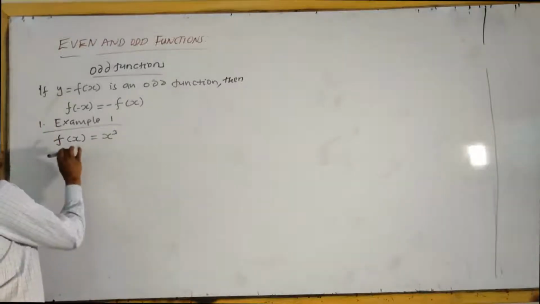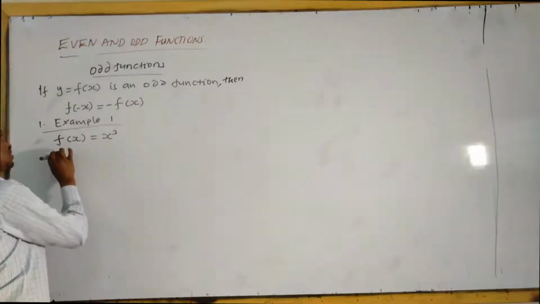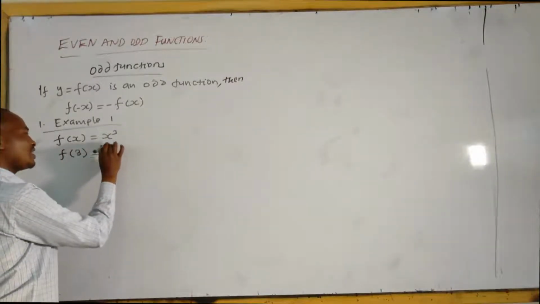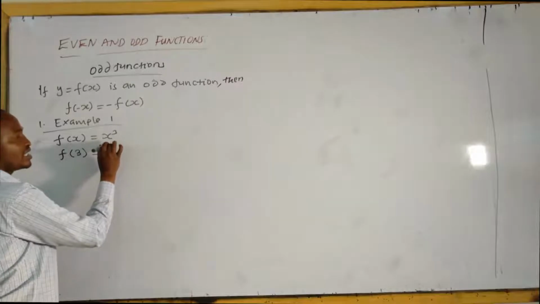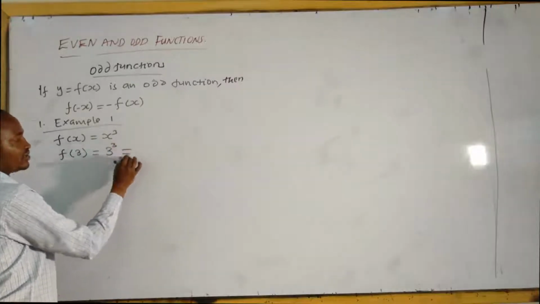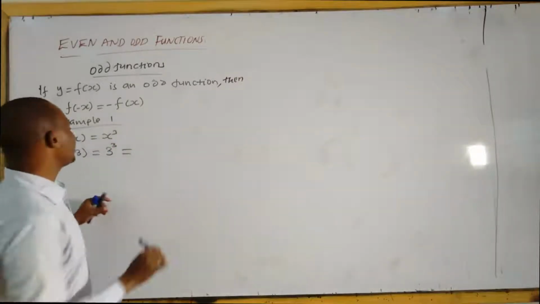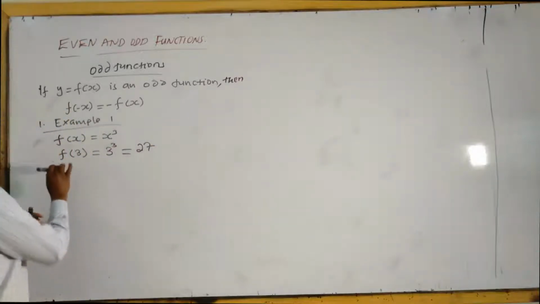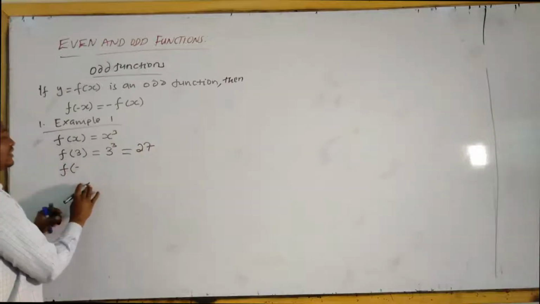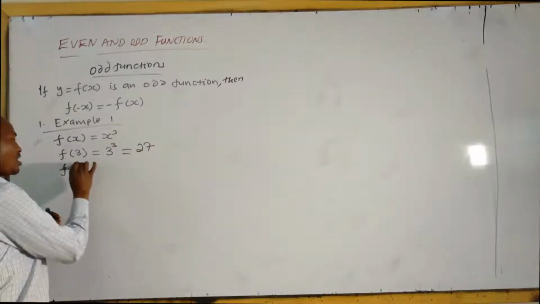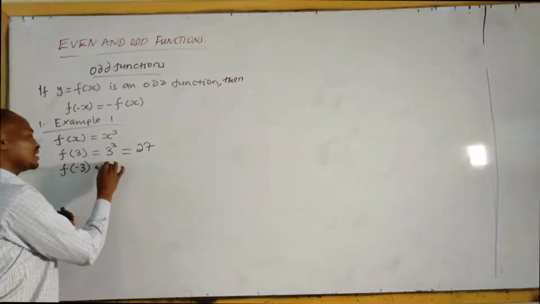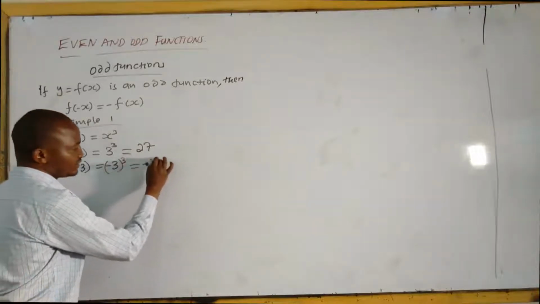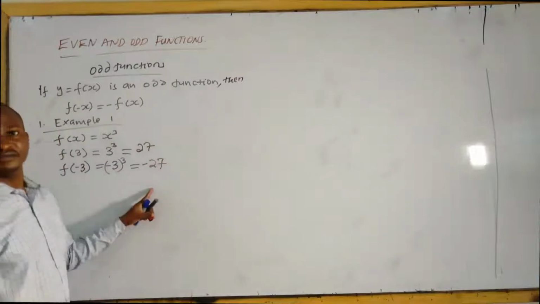If you take x equal to 3, f of 3 is equal to 3 cubed, which is how much? 3 cubed is 27. Function of negative 3 is equal to negative 3 cubed, which is equal to negative 27.